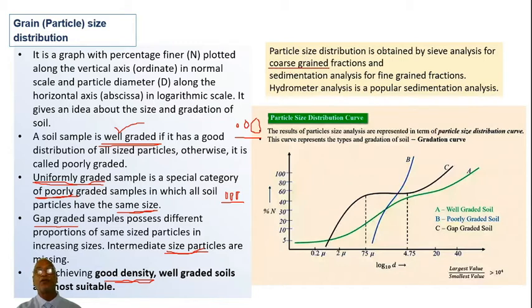It is also obtained by sedimentation analysis for fine grained fractions. You know what coarse grained and fine grained fractions are. So for fine grained soils, sedimentation analysis is used for particle size distribution. And the method used is known as hydrometer analysis, a popular sedimentation analysis which is used for particle size distribution of fine grained soils.